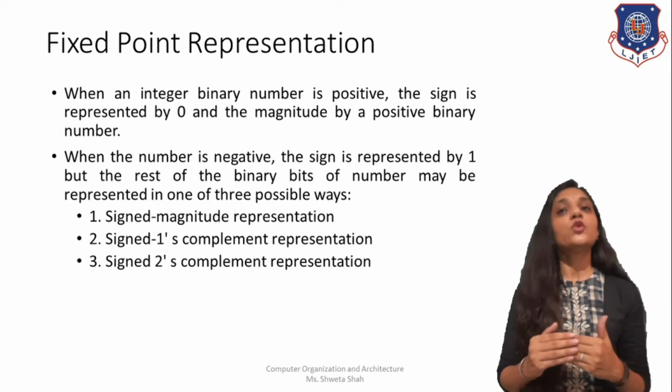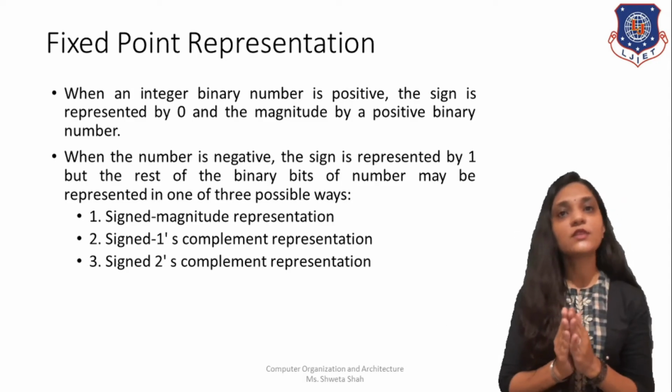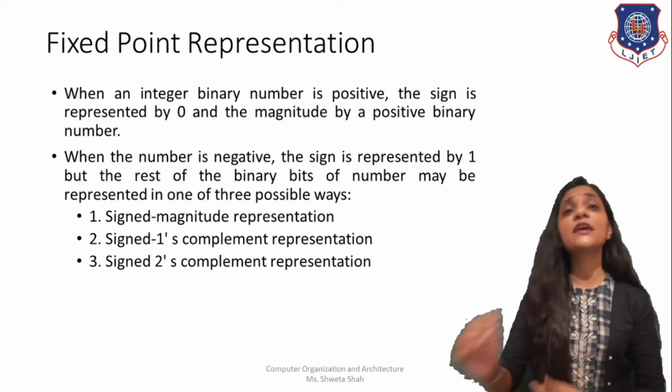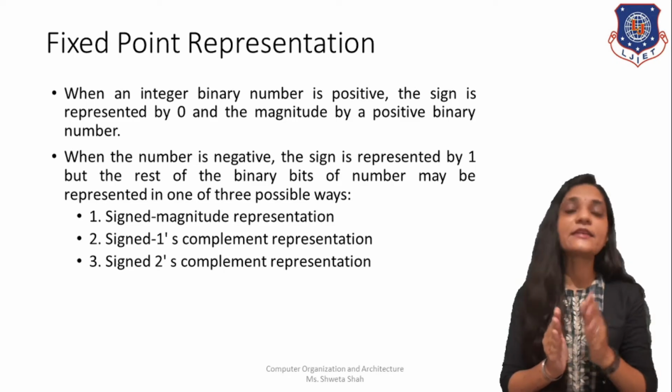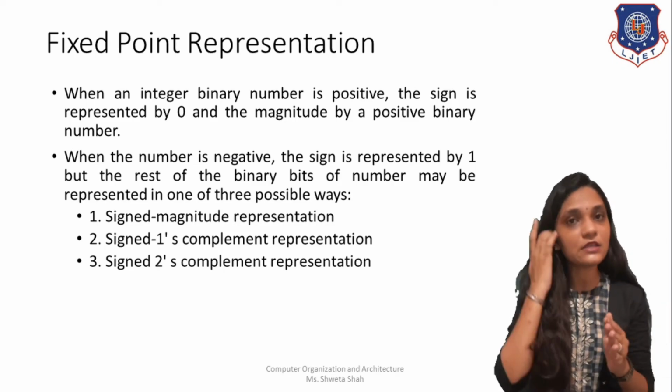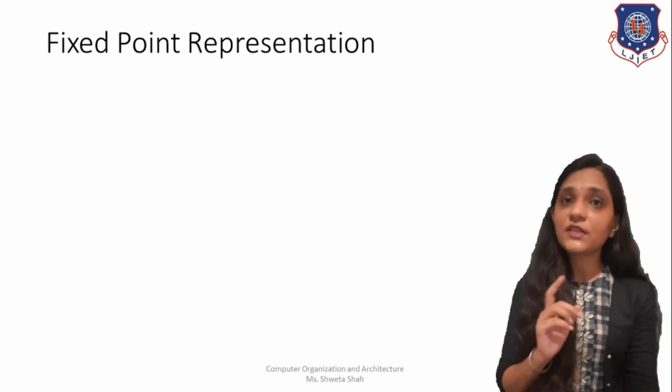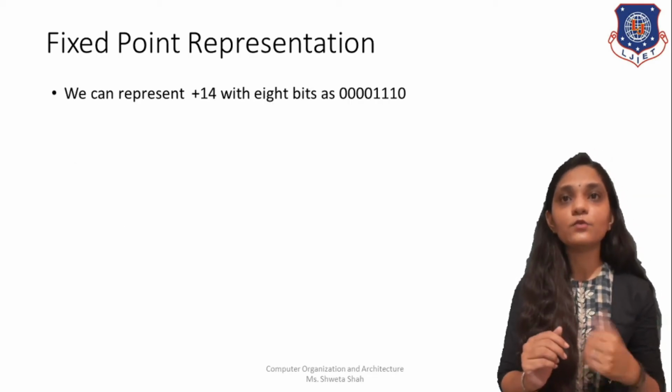So if your number is positive, then the sign bit is 0 and the rest of the bits are given. If negative, then the sign bit is 1 and the rest of the bits can be any of these three methods. Let me show one example, it will be clearer for you.